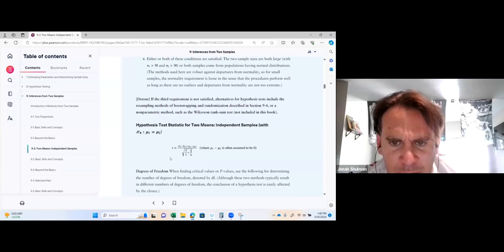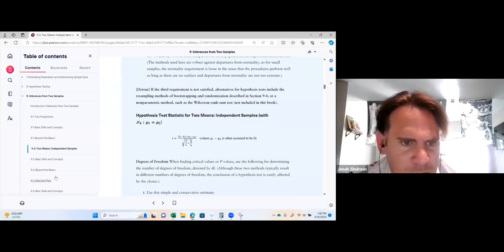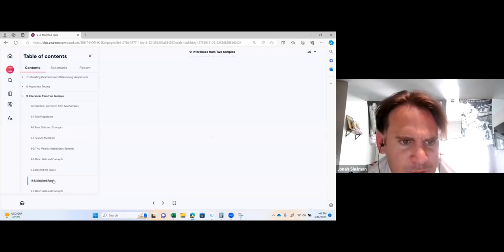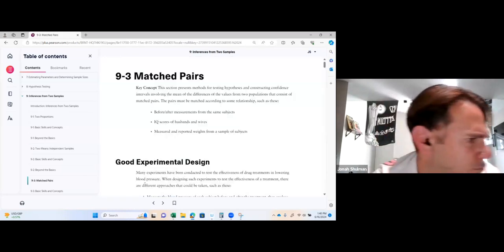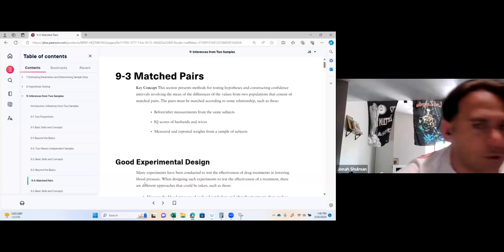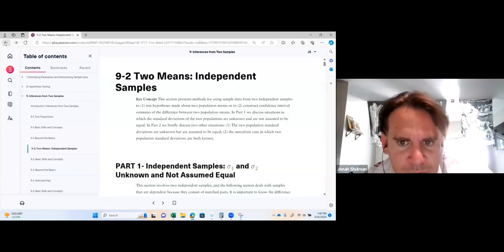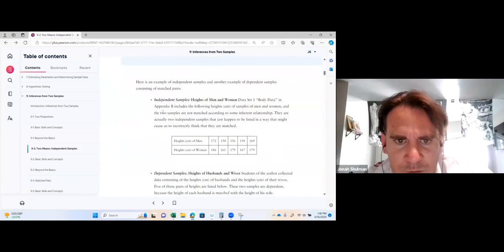It's the formula I did last time. But I believe this one, they want it to be a matched pair for some reason for number 6. No, it's not a matched pair. So I think I just have to use the formula.